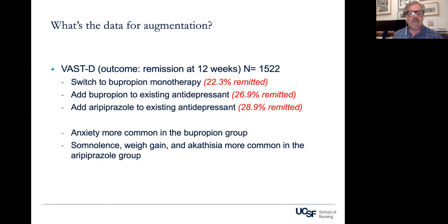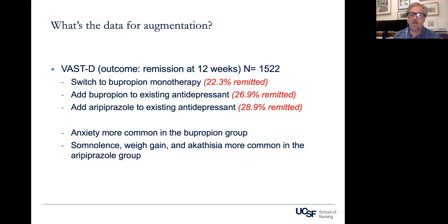The VA did a large study a few years ago called VAST-D, which looked at adding antipsychotics. You had three choices if you were not remitting on your existing medications. You could switch to bupropion monotherapy, in which 22% of people remitted when they switched off their SSRI onto bupropion.